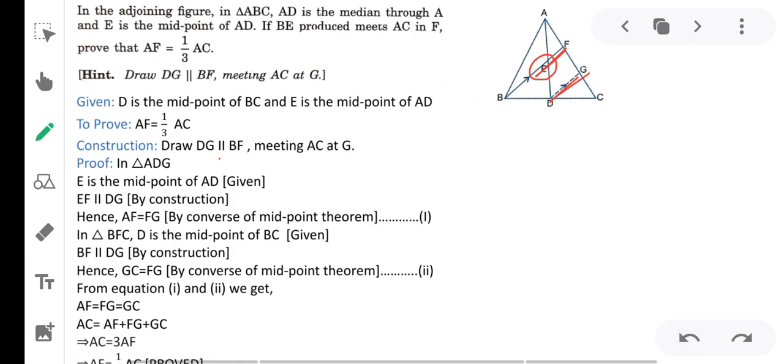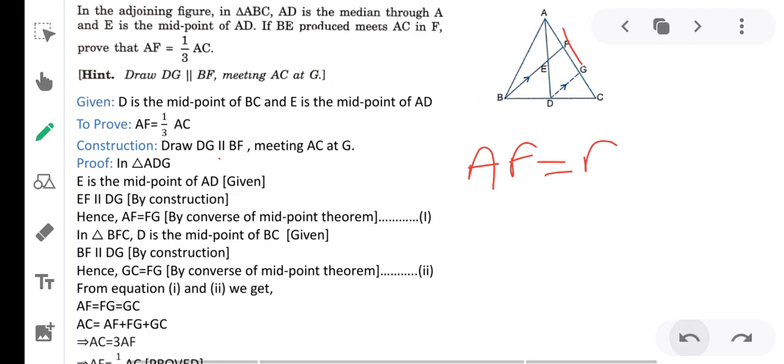So by converse of midpoint theorem, F will be the midpoint of AG. That means AF equal to FG. Clear?